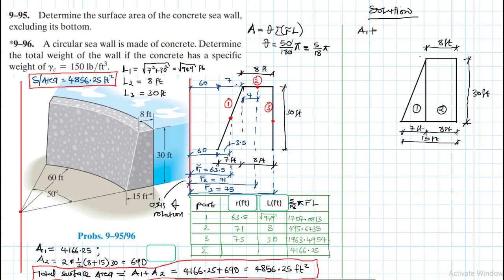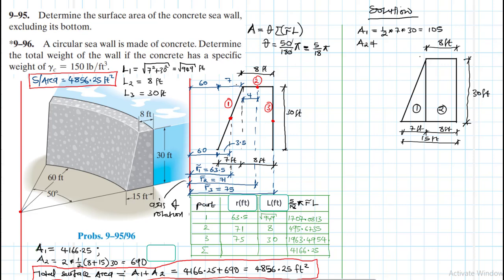Area 1 is half times 7 times 30. So this becomes 0.5 by 7 by 30, which is 105. That's area 1.